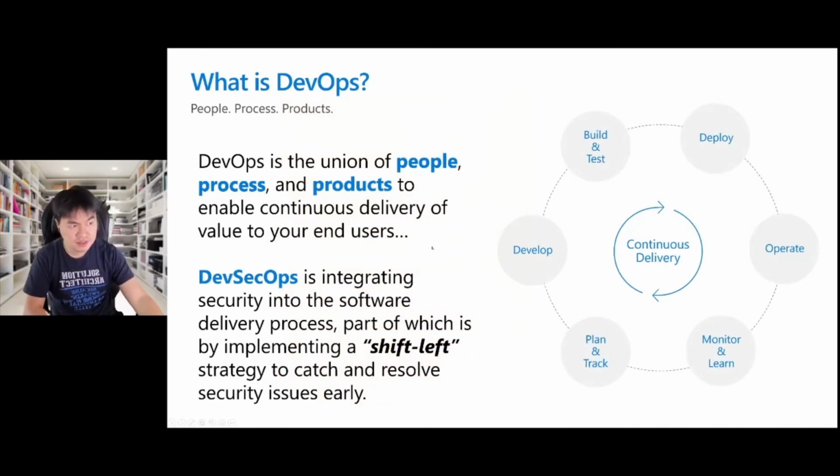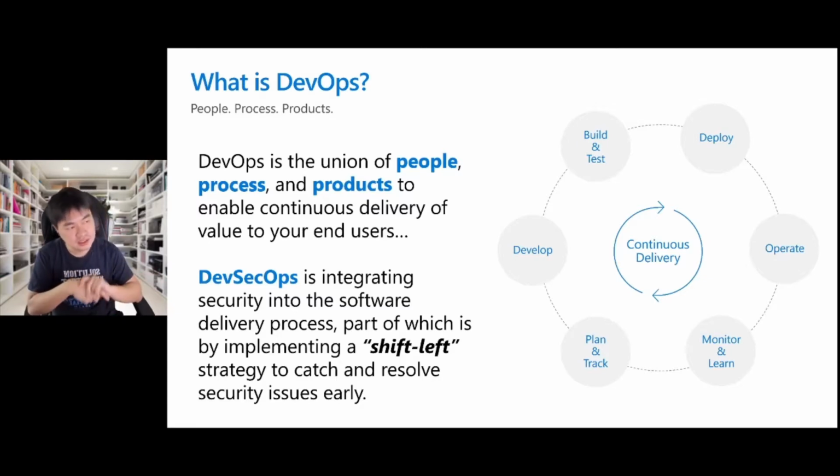So what is DevOps? It's really the union of process, people, and products. If you think about these three things, although this session is about the product, I'd say 80 to 90% of DevOps adoption is about the people and the process. And so if you need help in those areas, I advise you to engage an agile coach or a DevOps coach who can help you.